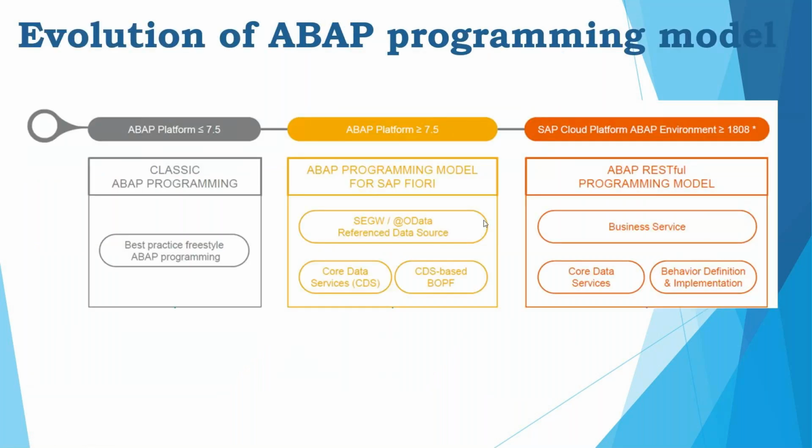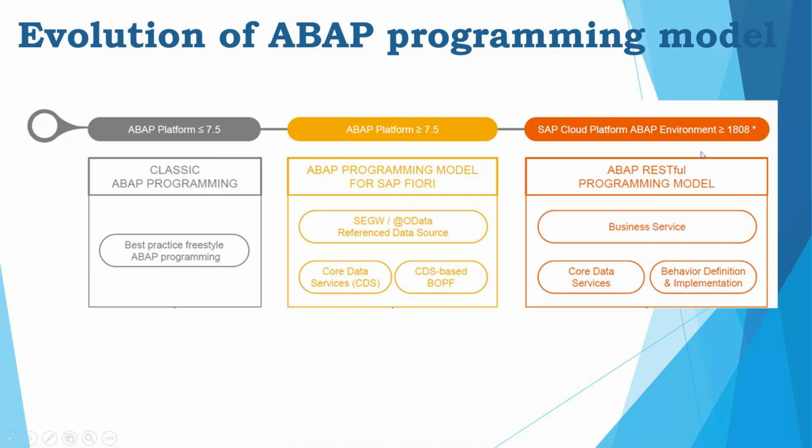Now, how has the ABAP programming model evolved? If your ABAP system is 7.5 or lower, meaning you are in ECC or something, as an architect you can use the classical programming model. You can just use BAdIs, user exits, normal things. That's all you can do. But if your system is 7.5 or greater, as I said, before RAP it was called the ABAP programming model for Fiori. You used SEGW and OData publish, CDS views, and CDS-based BOPF.